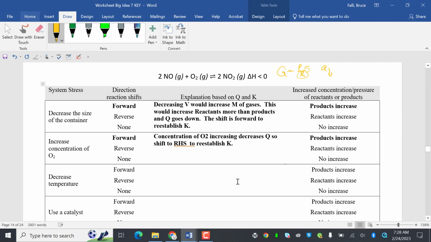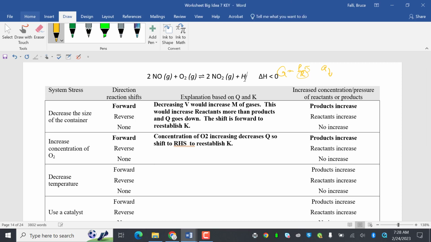Decrease temperature. Oh, so delta H is negative. So what that means is I'll put plus heat on the right-hand side. If I decrease temperature, it will shift to the forward direction.